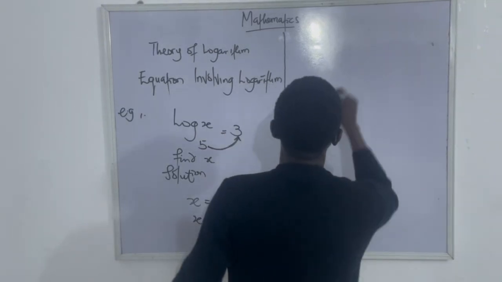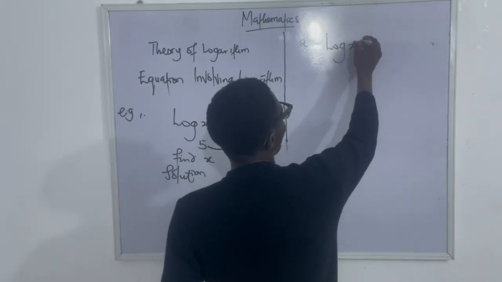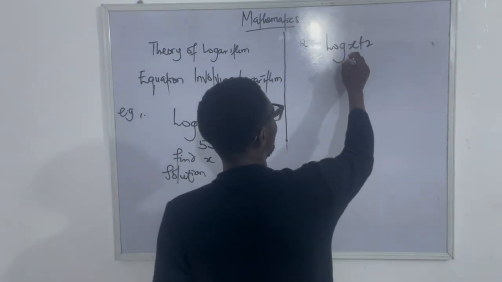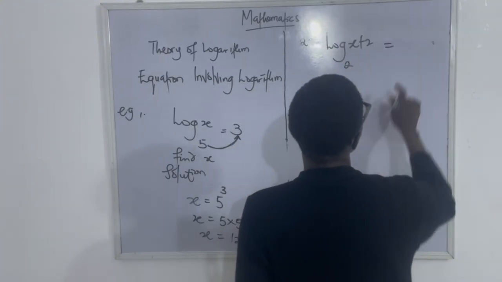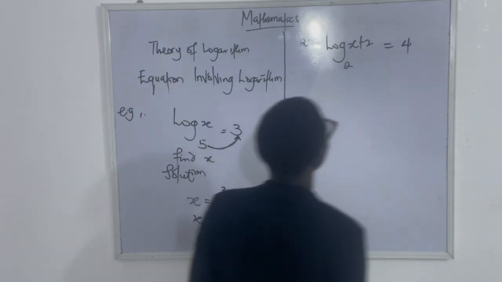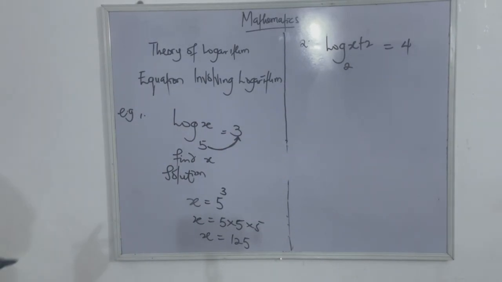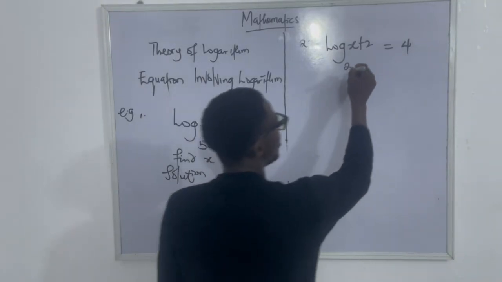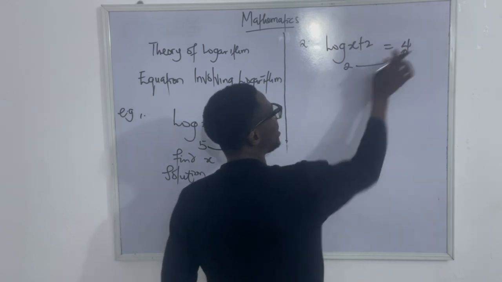So let's say example 2, log x plus 2 base 2 equals to 4. Now, in this aspect, what we did earlier is the exact same thing we will do. So this base here comes here and is the base.